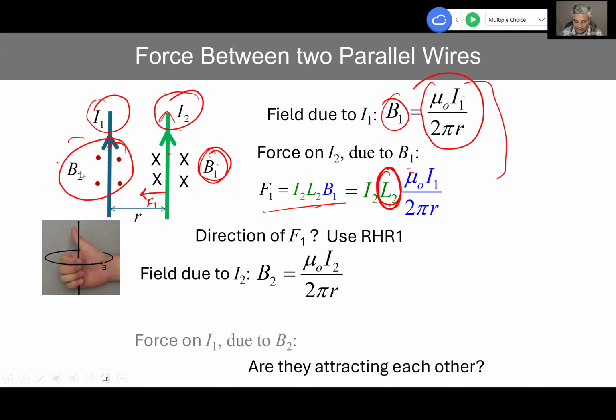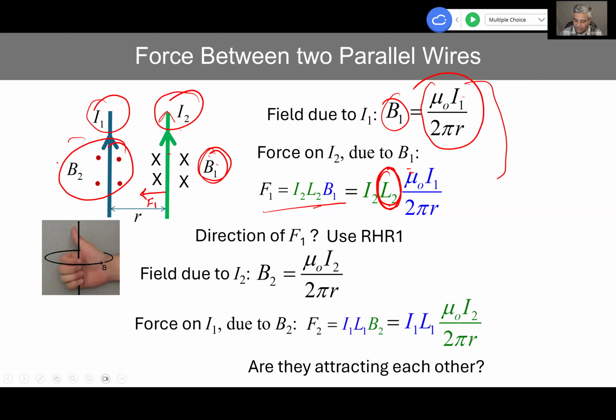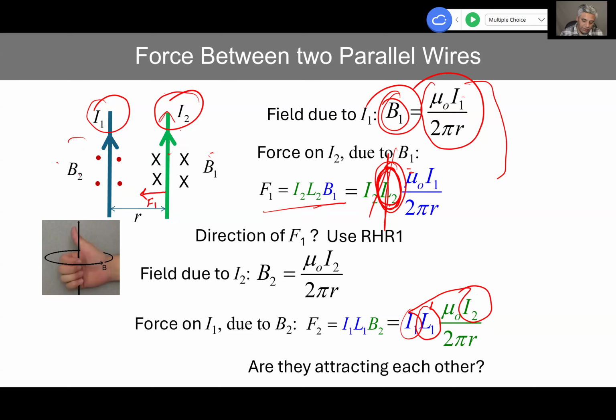I1 and I2 are still there, but now we have L1. Here we had L2, because that's the length of the wire sitting in the field from current I1, which we denoted by B1. The same goes for B2.